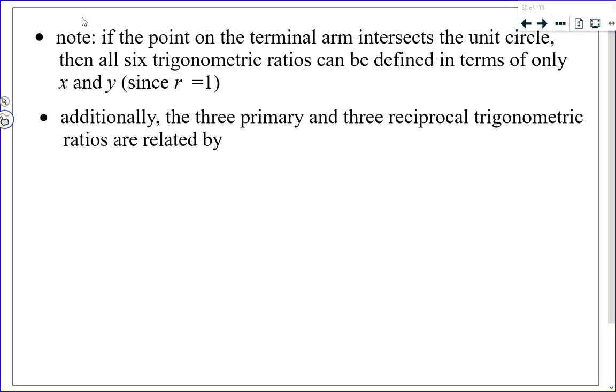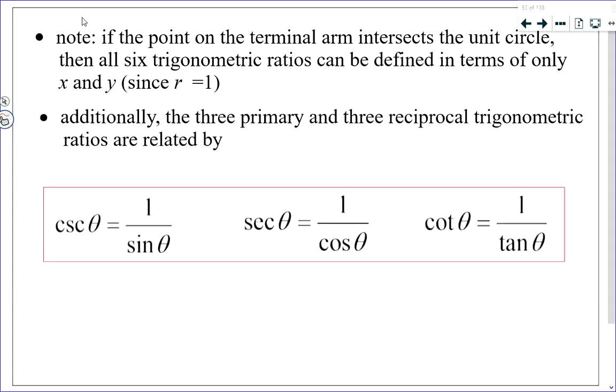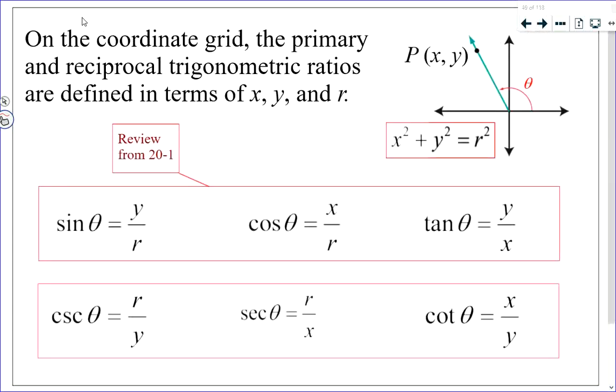If the point on the terminal arm intersects the unit circle, then those 6 trig ratios that we're looking at here become simpler. So I want to break this down. What we're looking at right now is for any terminal arm, whether the terminal arm is a length of 10 or 0.3, these 6 definitions in terms of x, y, and r are all valid.